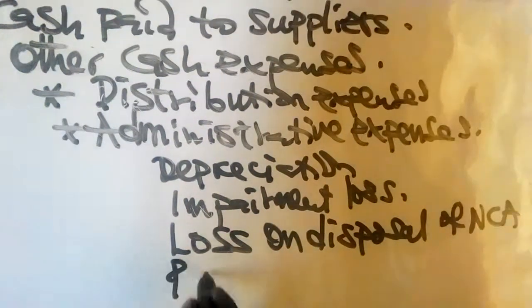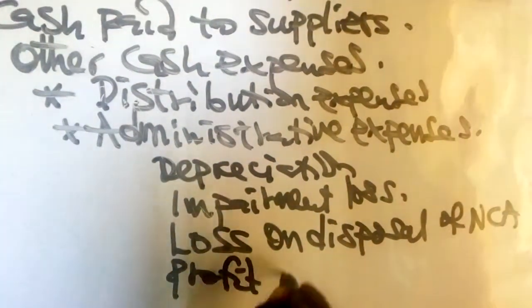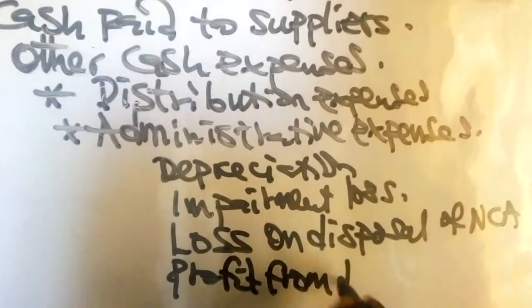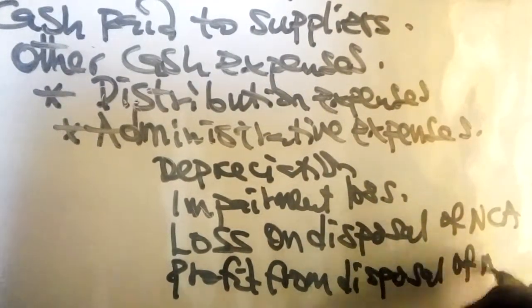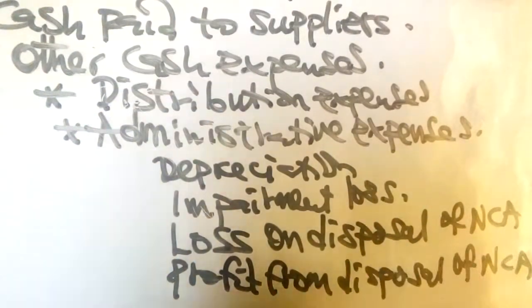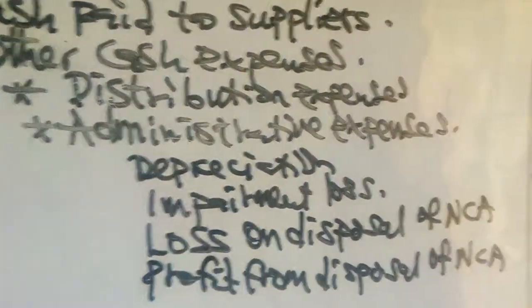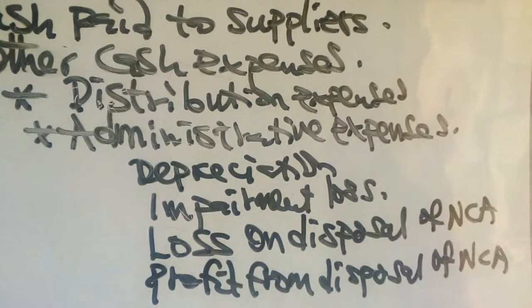Likewise, profit from disposal of non-current assets (NCA means non-current assets), where included in administrative or distribution expenses, must be removed when converting from accruals to cash. Please take note of that.